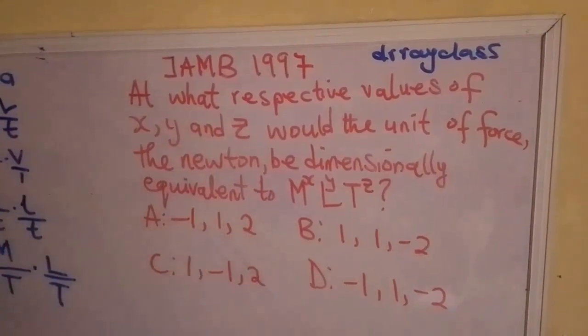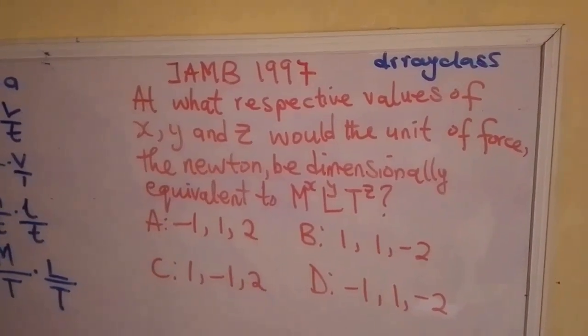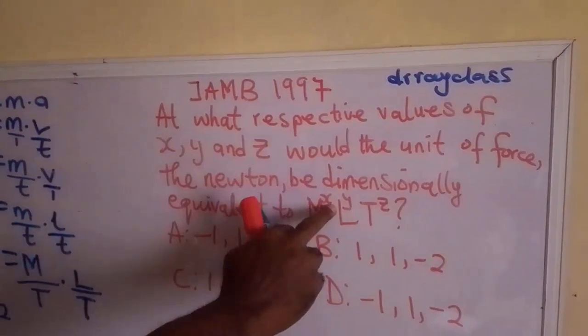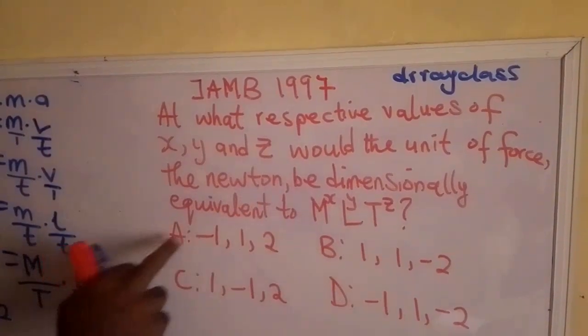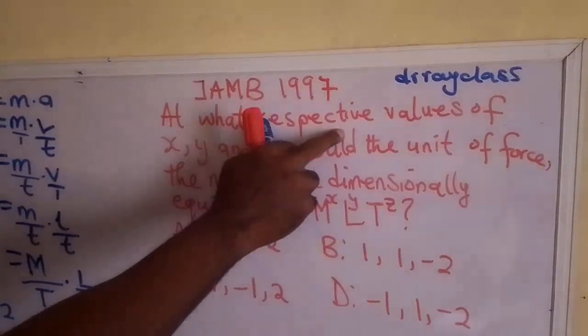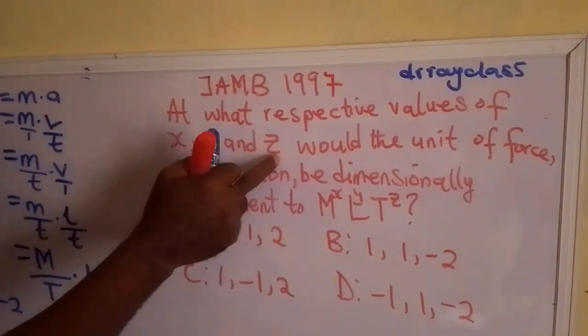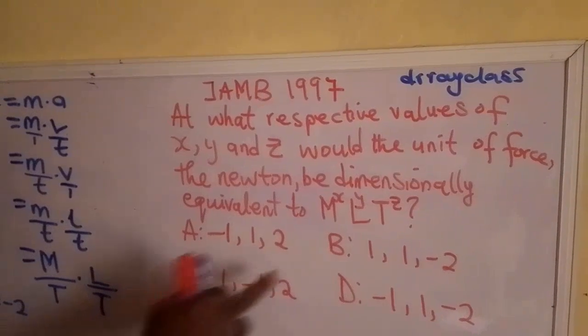Friends, now we've gotten our answers. We'll come back to the question. From our solution, x is 1. So look at the options. You must follow respectively, meaning in order. X must come first, y second, and z later. Where is x? 1. X is 1 here, x is 1 here.